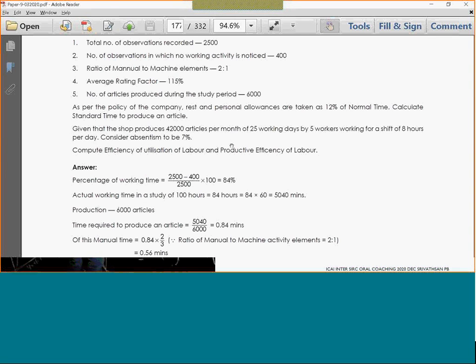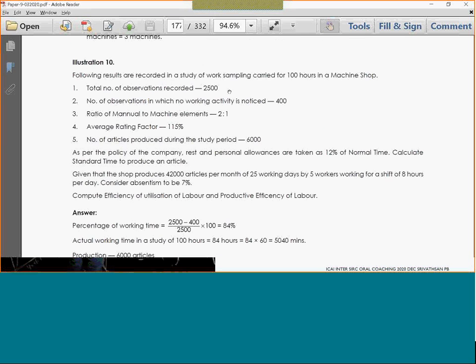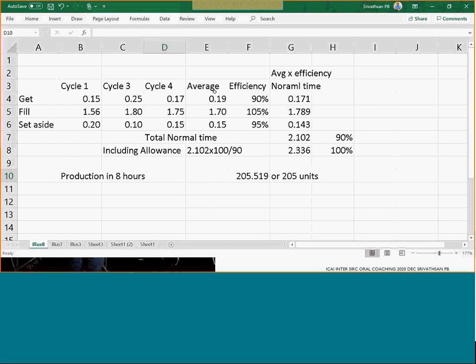I think the others, the rest are simpler. From this one we'll do illustration 10.